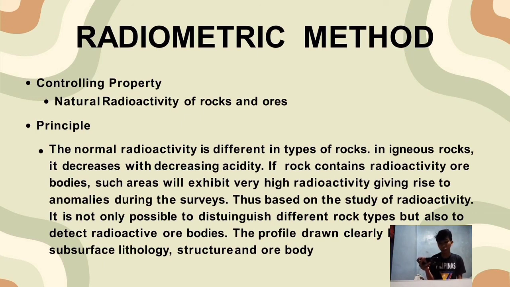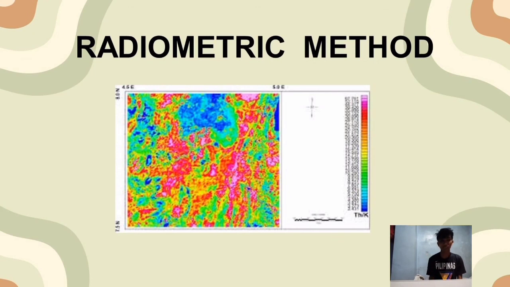From these studies of radioactivity, it is not only possible to distinguish different types of rocks, but also to detect radioactive ore bodies. The profile drawn clearly brings out the surface lithology, structure, and ore body.